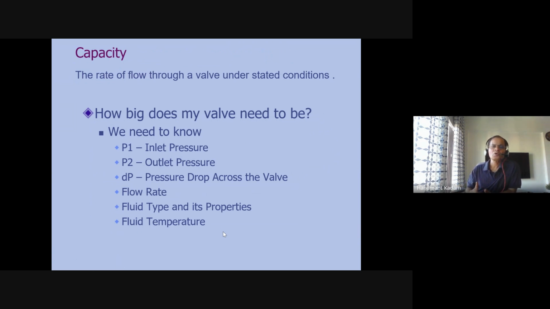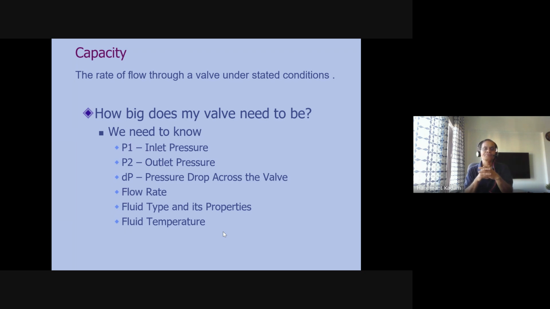Next, the rate of flow through a valve under stated conditions. How big does my valve need to be? We need to know the inlet pressure. While specifying the valve for your services, you have to mention these process parameters. First is the inlet pressure P1, second is the outlet pressure, then delta P means the pressure drop across the valve. When the valve is installed, the differential is like an orifice plate, upstream and downstream, so the same way DP is also generated.